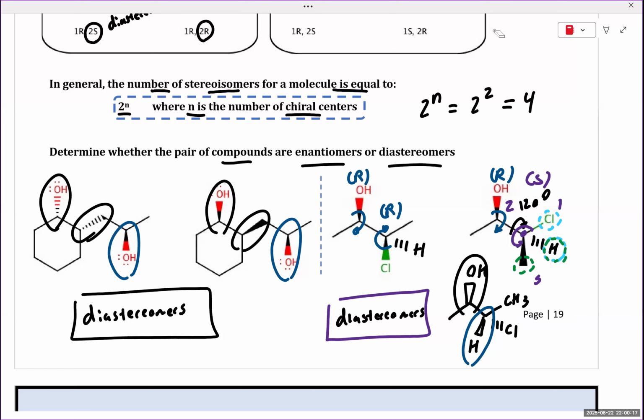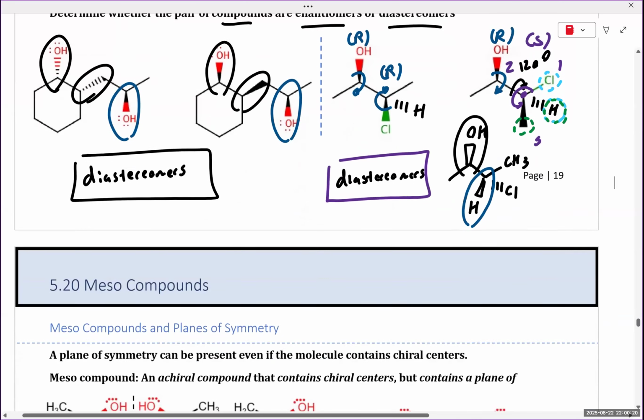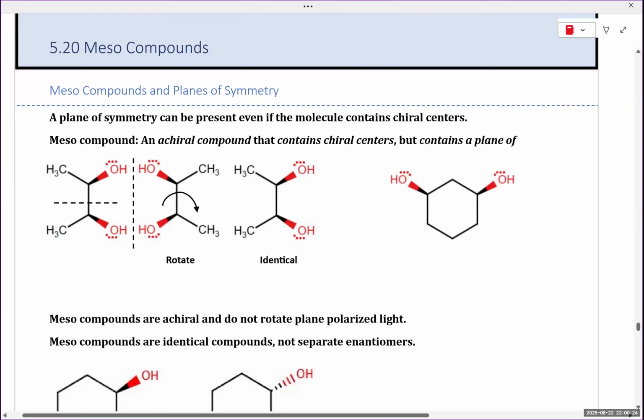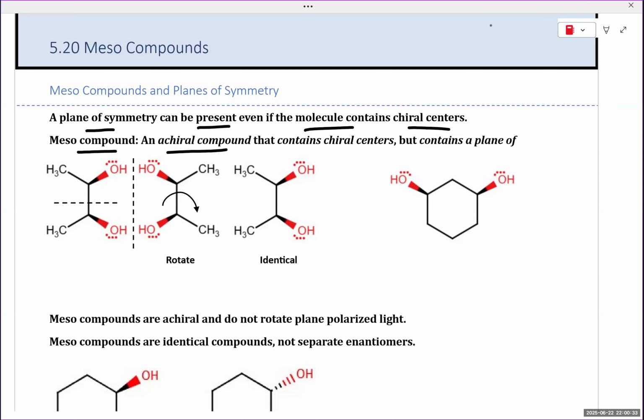Okay, so let's keep going now, and let's talk about meso compounds. A plane of symmetry can be present even if a molecule contains chiral centers, and meso compounds are achiral compounds that contain chiral centers but contain a plane of symmetry.